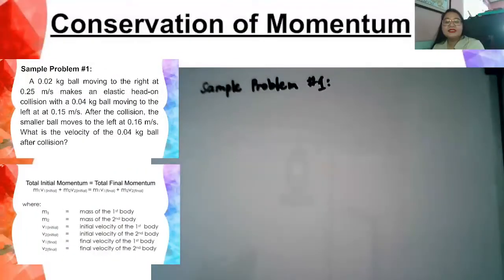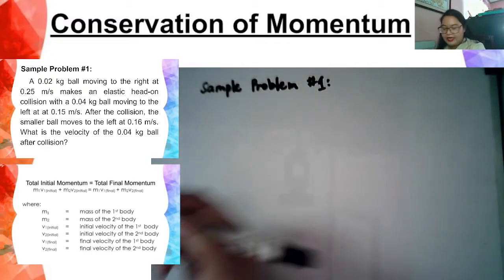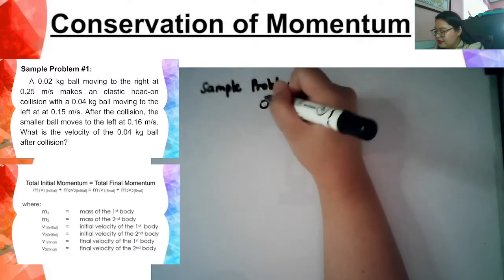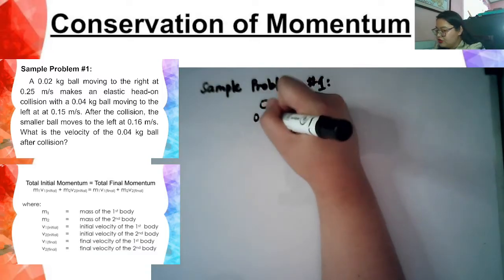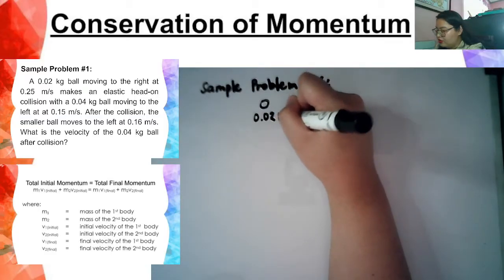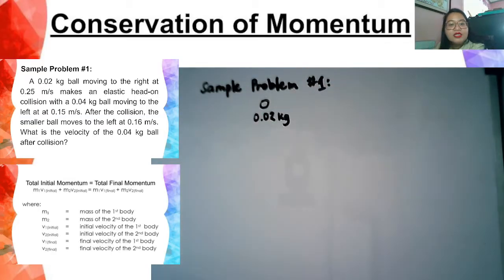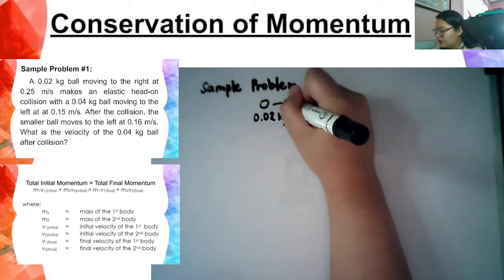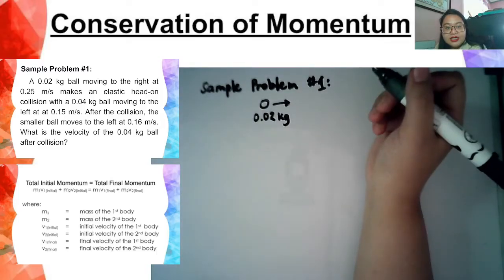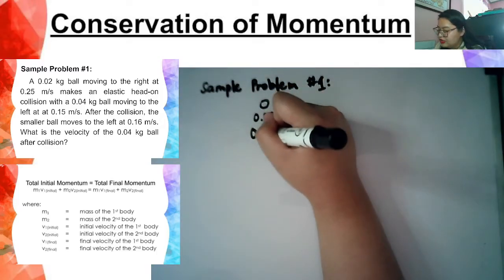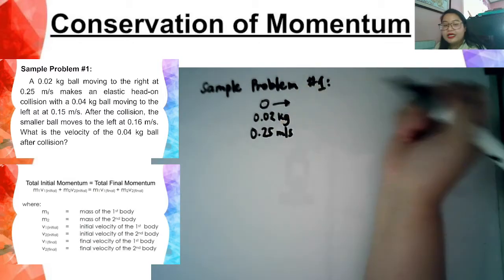So, para maintindihan natin yung nasa sample problem, i-drawing natin yung scenario. Sabi kasi dito, meron tayong bola. Halimbawa, ito yung 0.02 kilogram ball. Tapos, ito ay gumagalaw, moving to the right, at ang kanyang velocity ay 0.25 meter per second.